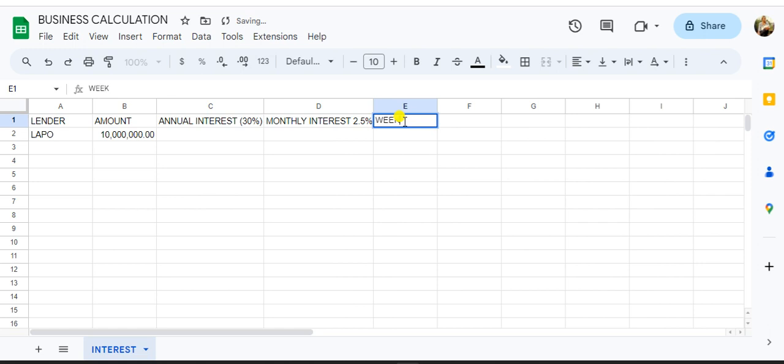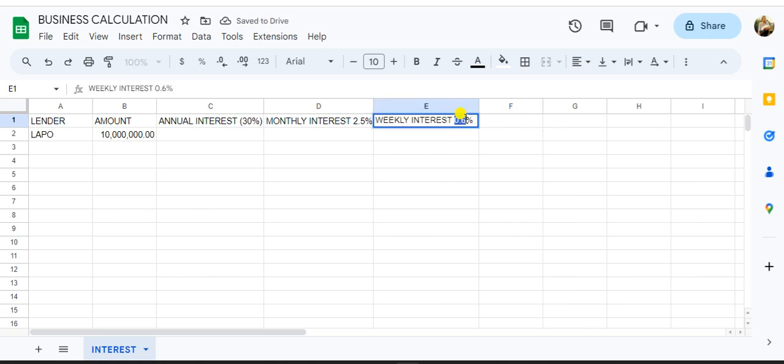Then there is weekly interest, and daily interest.